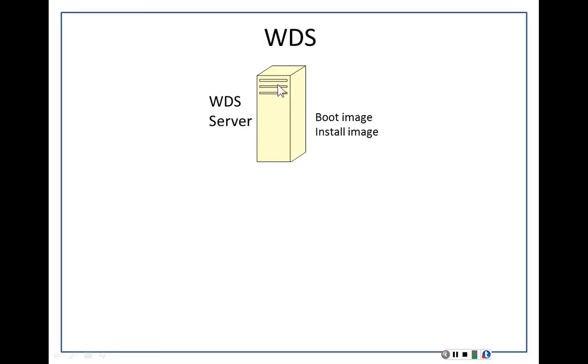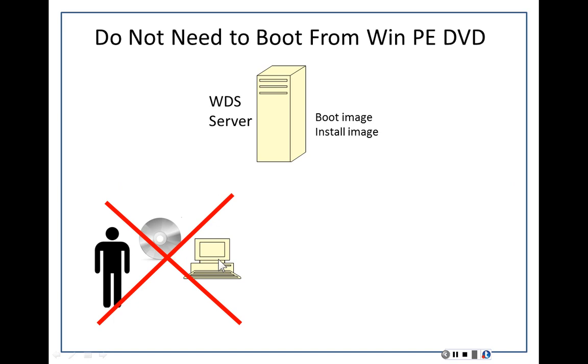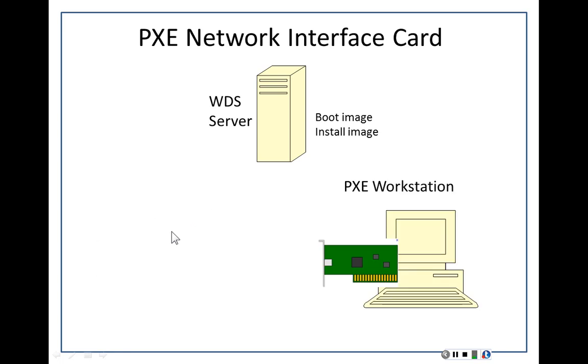A Windows Deployment Services server contains the boot image and the install image. And to connect to it, you do not need to boot to a Windows PE DVD. To connect to it, you use a computer which has a network interface card which is PXE compliant. PXE stands for Pre-Boot Execution.